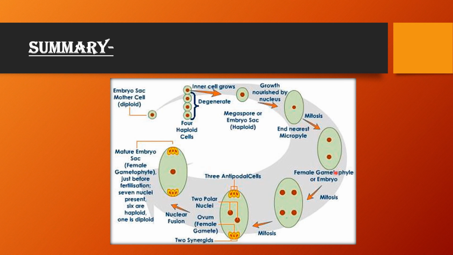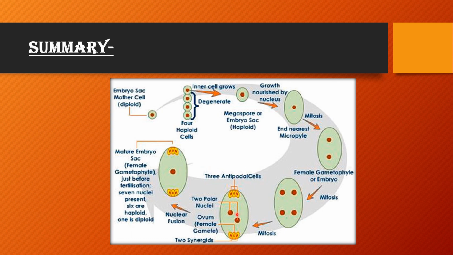After completion of the first mitotic division there is formation of 2 nuclei. Then from the second mitosis there is formation of 4 nuclei, and after the third mitotic division there are 8 nuclei inside the megaspore. The 3 collected at the chalazal end are called antipodal cells, and the 3 placed at the micropylar end are called the egg apparatus, in which 1 ovum or egg cell is present along with 2 synergids.